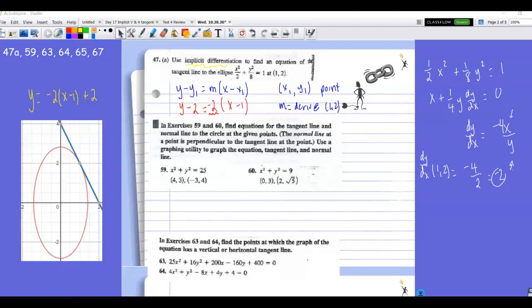So I paused the video for a second and I went over to Desmos and graphed what we just did. I think it's always helpful to see a visual of what's going on. So I graphed this ellipse right here, and then I graphed the tangent line that I created, this one right here, where y is by itself.